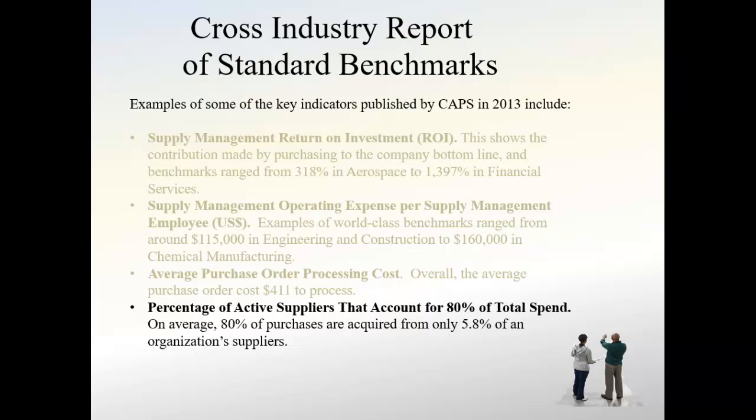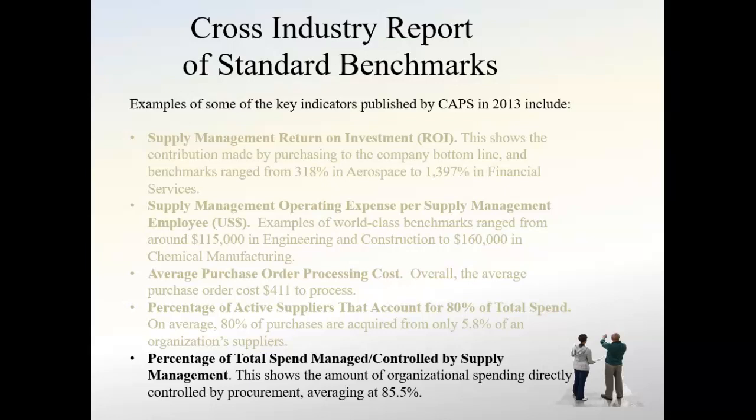On average, 80% of purchases are acquired from only 5.8% of an organization's suppliers. And finally, we have the percentage of total spend managed, or controlled, by supply management. This shows the amount of organizational spending directly controlled by procurement, averaging at 85.5%.